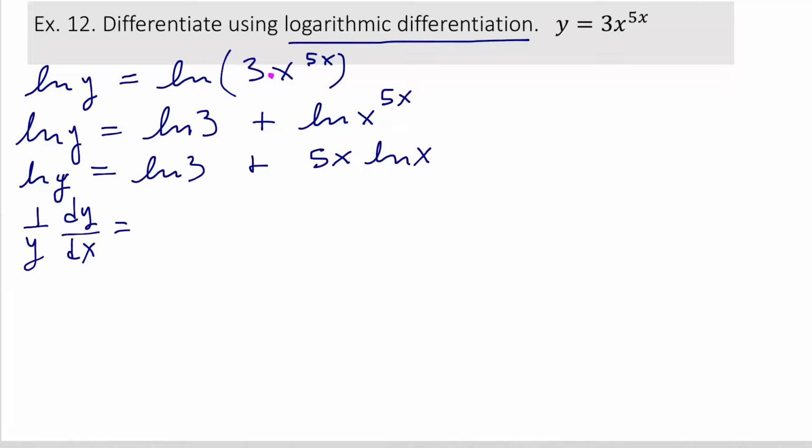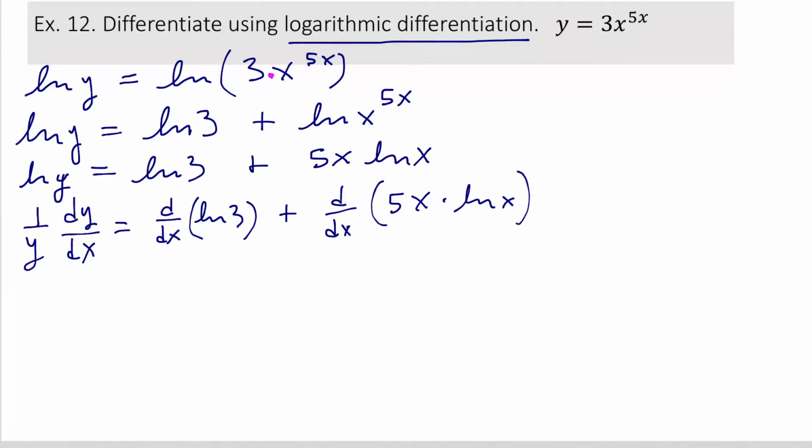So then we're going to take the derivative, let's just write this out, of the ln of 3, and we're going to take the derivative of the product 5x ln of x. All right, so we already did the derivative on the left. All right, so now the derivative of ln of 3, well, ln of 3 is a constant, so this is going to be 0.